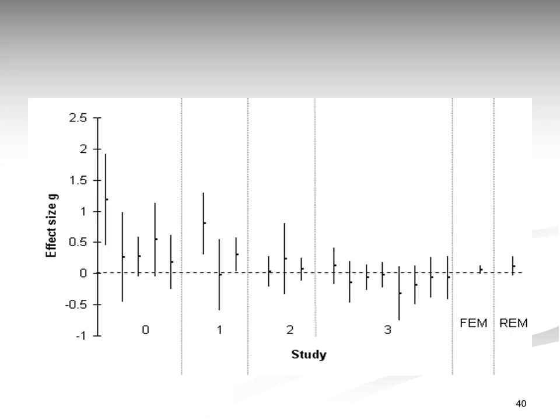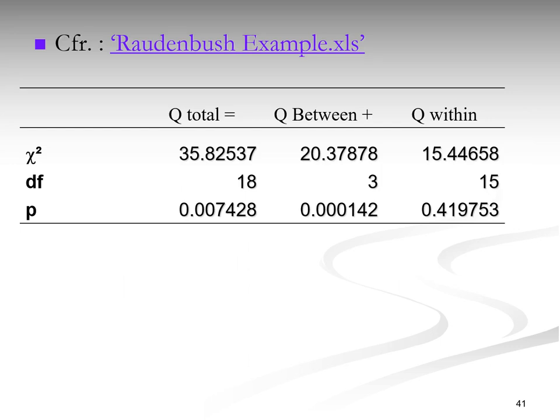So apparently, there are differences between these categories of studies. So we can use a weighted analysis of variance to test whether these differences that we see here are statistically significant. Here are the results. If we use the overall Q, or the total Q statistic, to test whether in general there is homogeneity, we see that this null hypothesis is rejected.